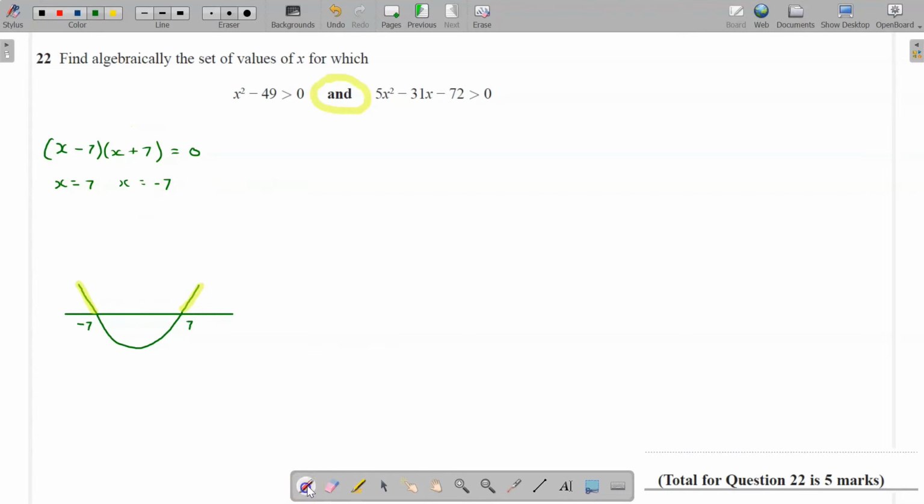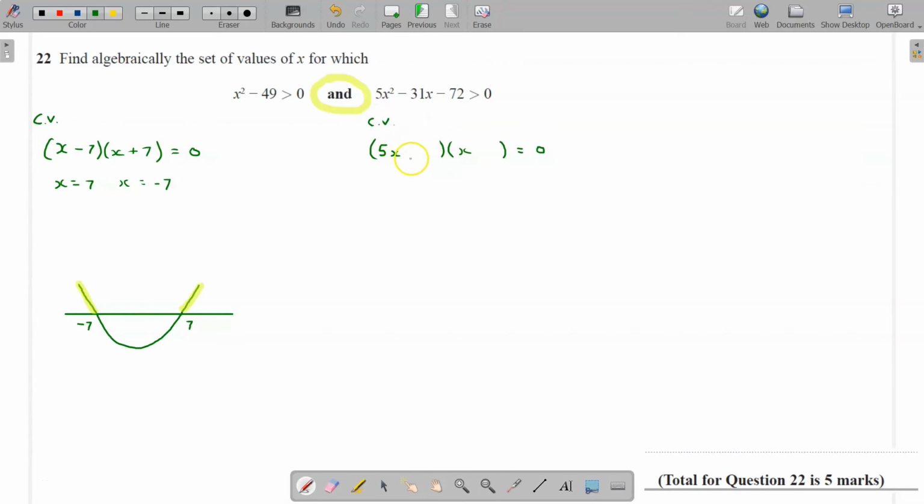Now we'll look at the other one, which is this one here. Now this factorizes. You could try using the quadratic formula, but if I just factorize it, and always try and do that first if you can. Again, we're finding the critical values, so I'll just say here that these are the critical values. We're doing the same here.